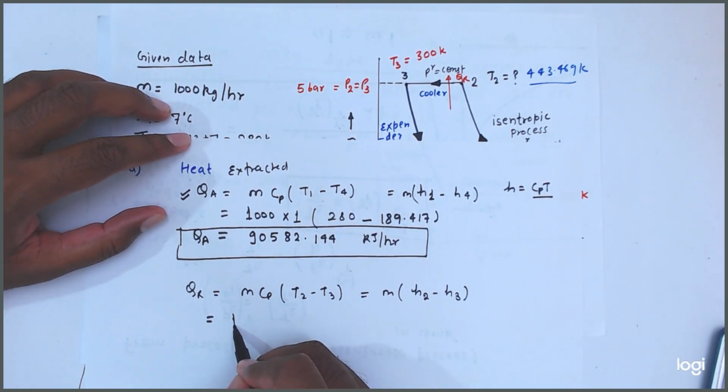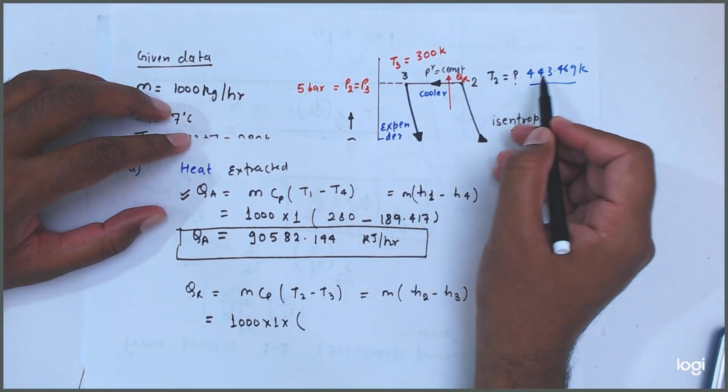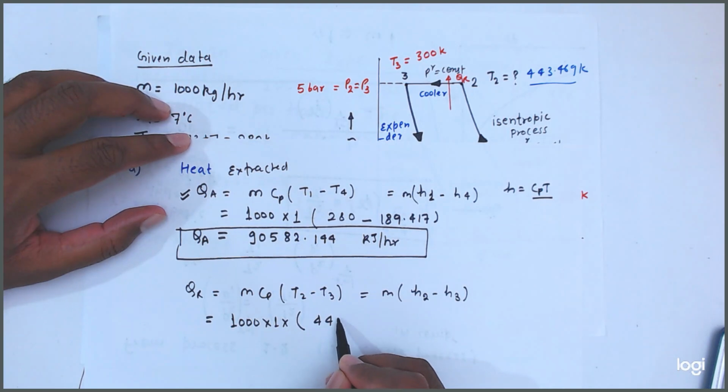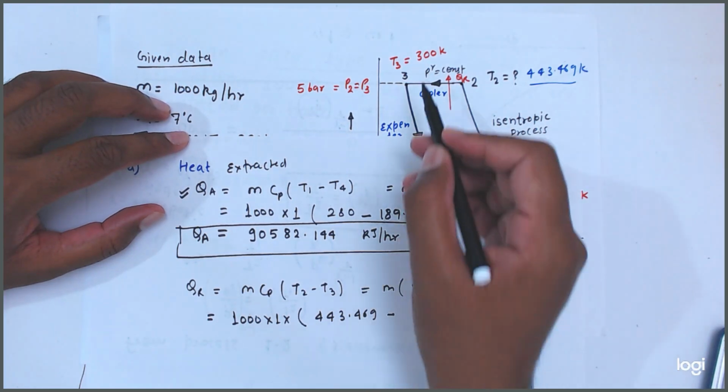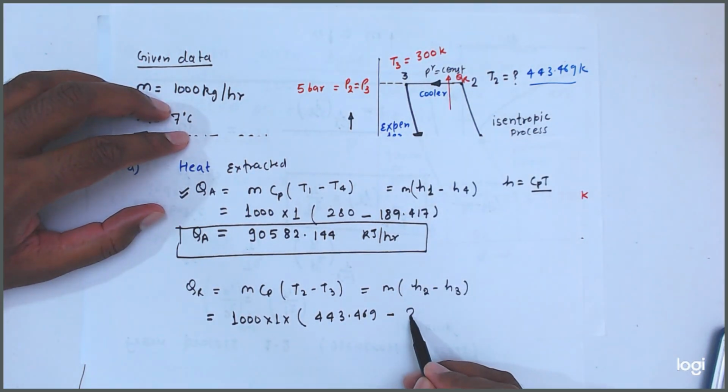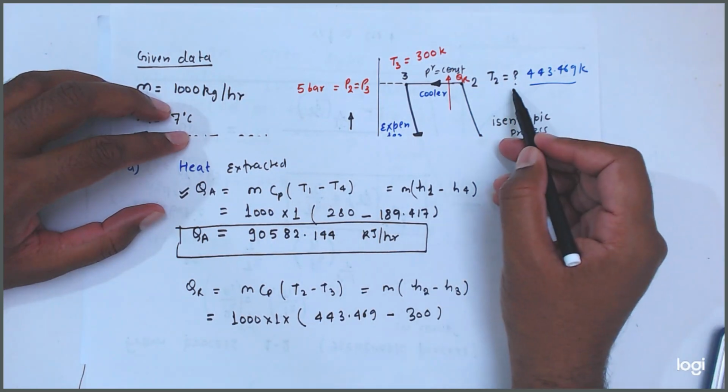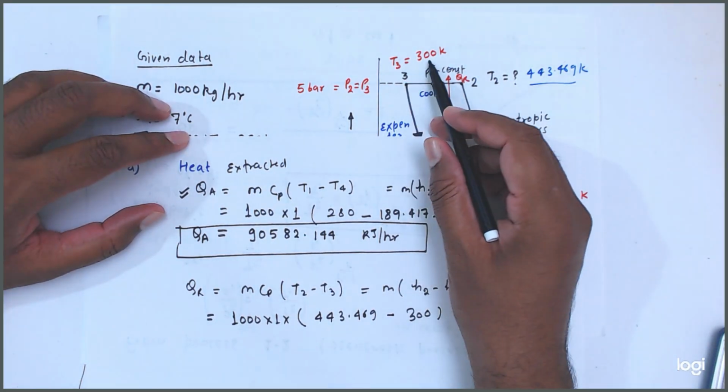Similarly here, this is 1000 into 1 into T2 value, how much? 443.469 minus T3 is equal to 300 Kelvin. T2 value is equal to this one, T3 value is equal to 300.